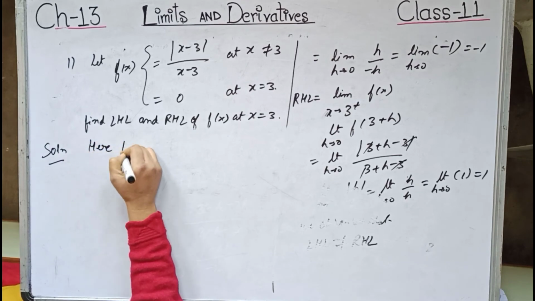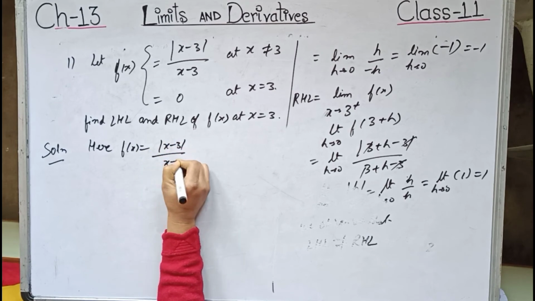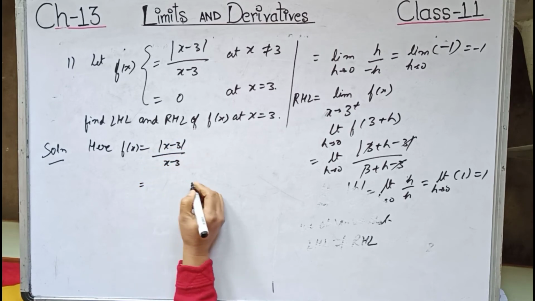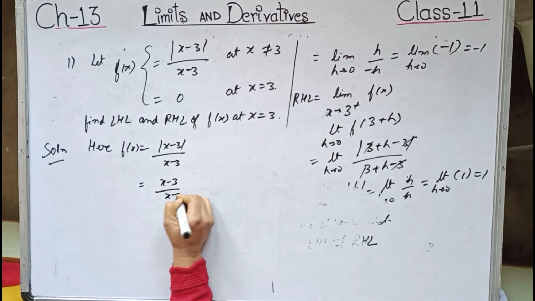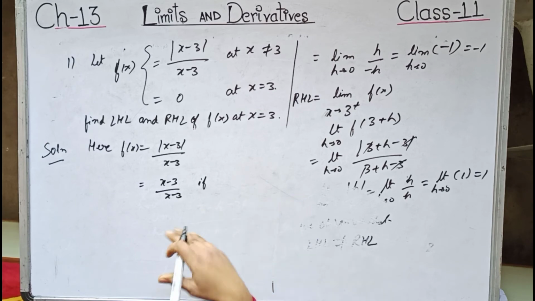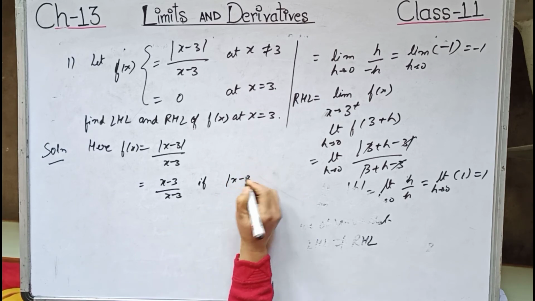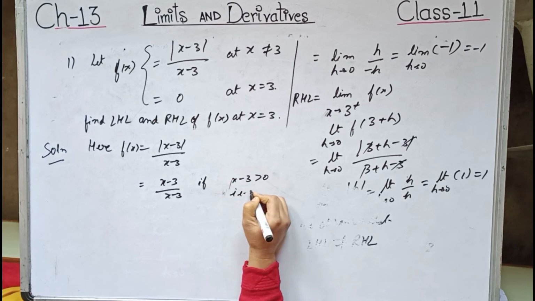Here f(x) is equal to mod of (x minus 3) by (x minus 3), which equals (x minus 3) by (x minus 3) if mod of (x minus 3) is greater than 0, that is x is greater than 3.